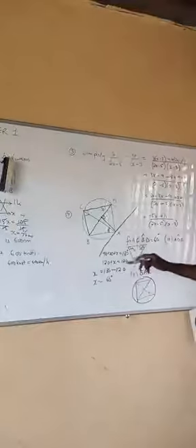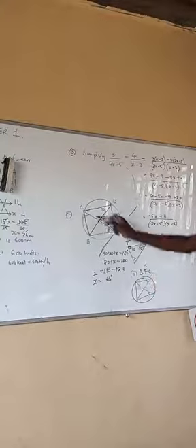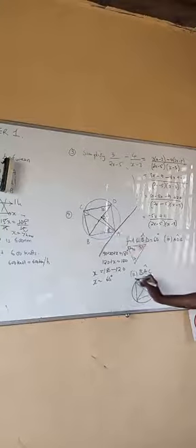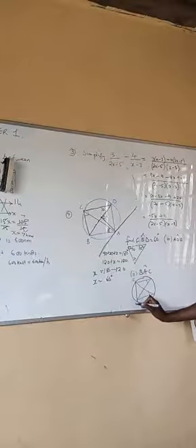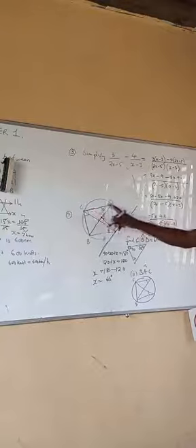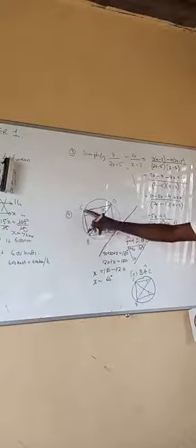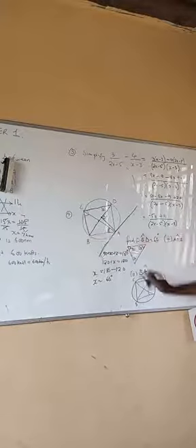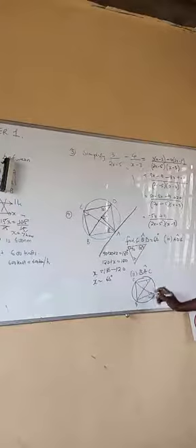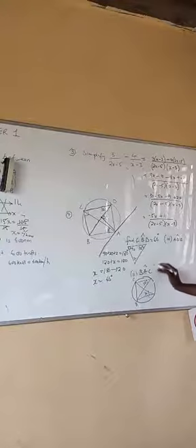Okay? So this chord is actually chord CB. It is producing this triangle on the circumference, which is 30. The same chord is also producing this triangle. So if this is 30, even this has to be 30 degrees. So the angle is actually 30 degrees without doing any calculation.